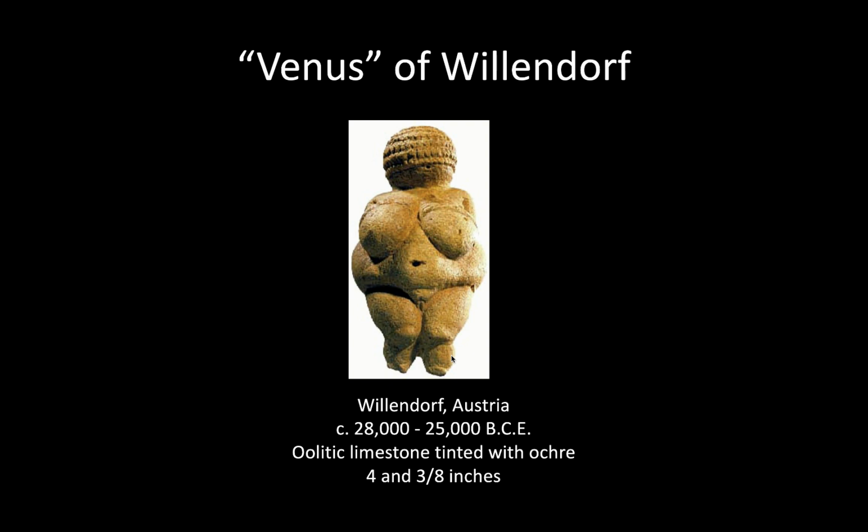And so because of her small size, because of the hyper focus on reproductive organs, and because of where we see her having been moved to, we know that she was an object of importance.